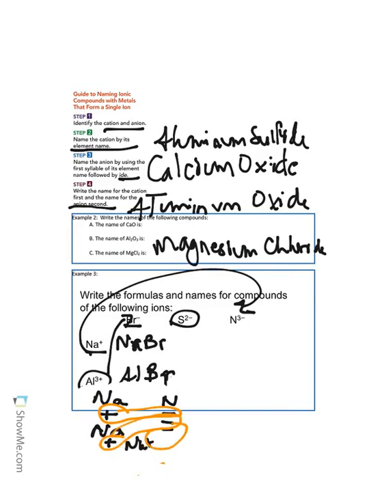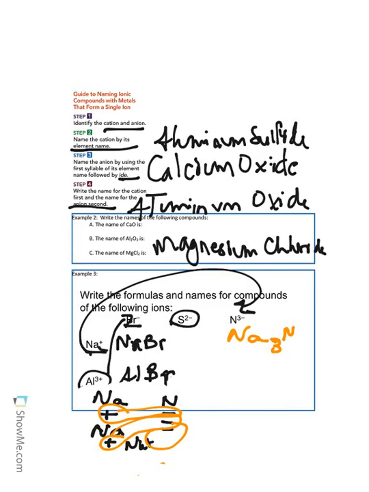Right? So we have a formula of Na3N. Okay? And the name would be sodium nitrogen, right? Take the first syllable, replace the ending, you would get nitride.